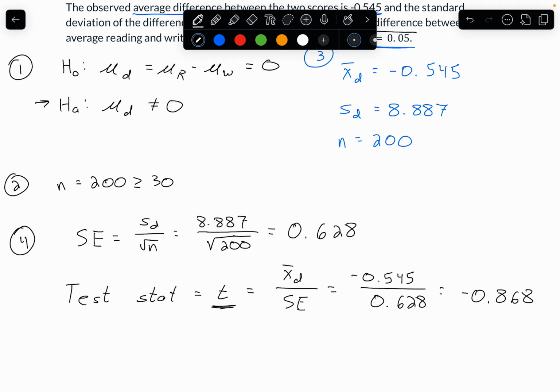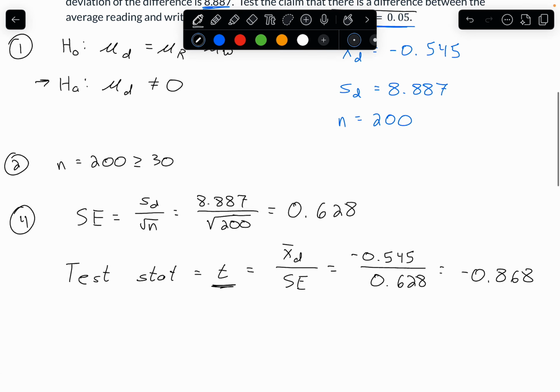Remember that this is a t-score right here. And then the other piece of information that we're going to need is our degrees of freedom. Degrees of freedom, remember, is simply n minus 1. So our degrees of freedom in this case would be 200 minus 1, or 199.